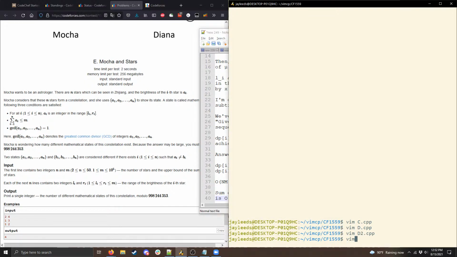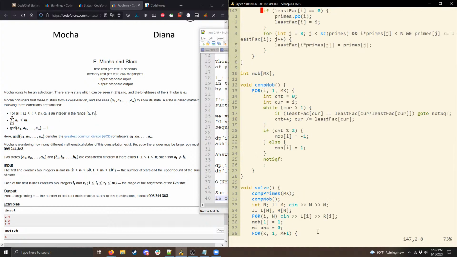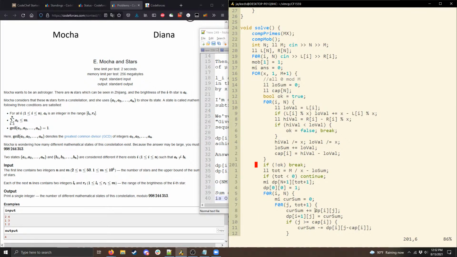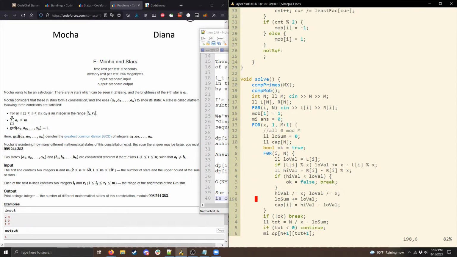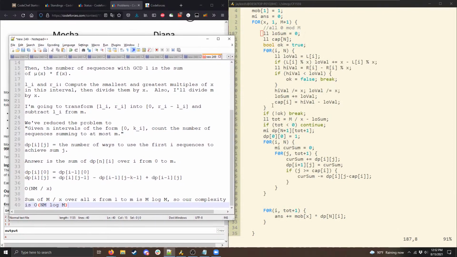And now I'll walk you through my code. The first thing I do is run my Mobius function template. Next I read in the L_i and R_i, and then I iterate over x. I maintain the sum of the L_i's, and this cap array is going to store the values k that I talked about earlier, the values r minus l.